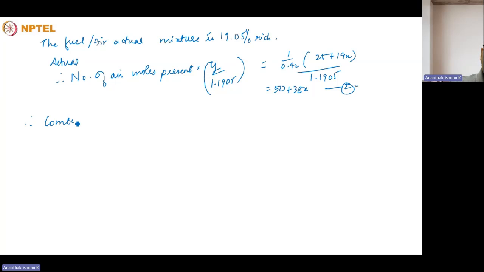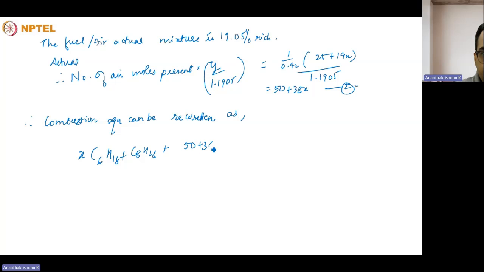Therefore, the combustion equation can be rewritten in terms of x as: x times C6H14 plus C8H18 plus (50 plus 38x) times (0.21 O2 plus 0.79 N2).